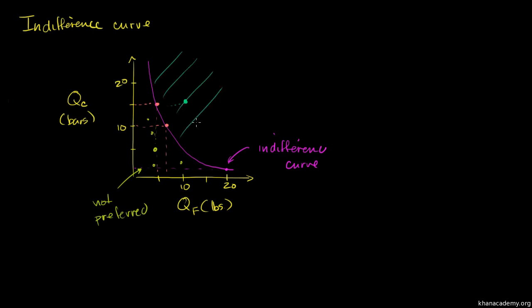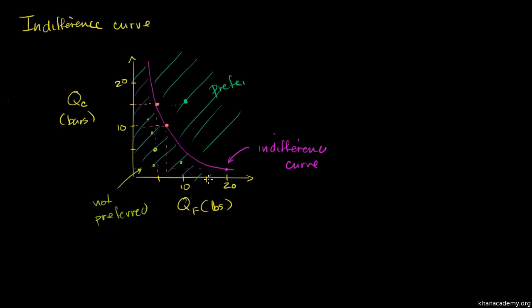So this whole area is preferred to everything on the curve, and the whole area down here is not preferred to anything on the curve. Let me do that in a different color, because our curve is purple. Everything in blue is not preferred.